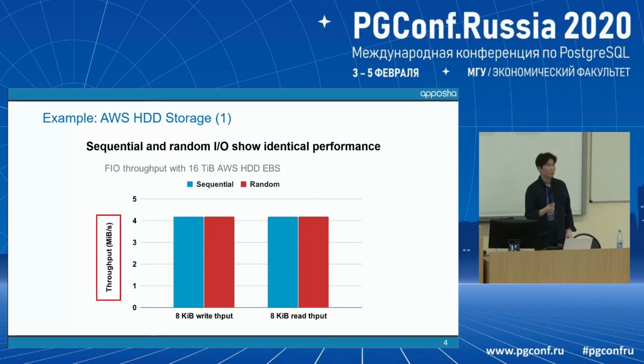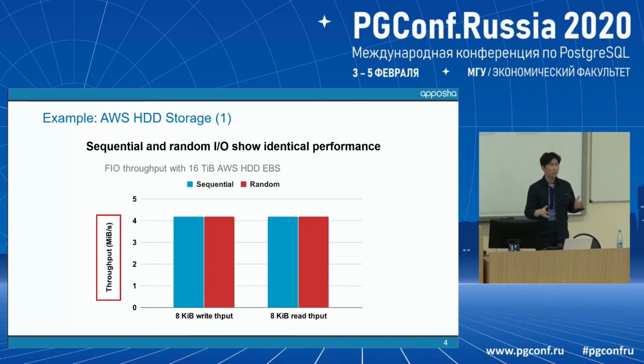And this weird thing happens for hard disk based storage on AWS. The common knowledge when you use a hard disk is that random I/O is really terrible compared to sequential I/O, but it's not true on cloud storage. This graph shows the storage throughput in megabytes per second.